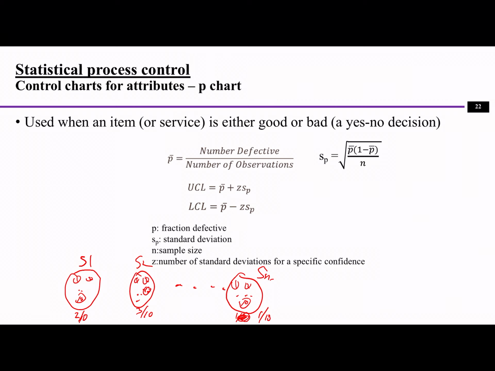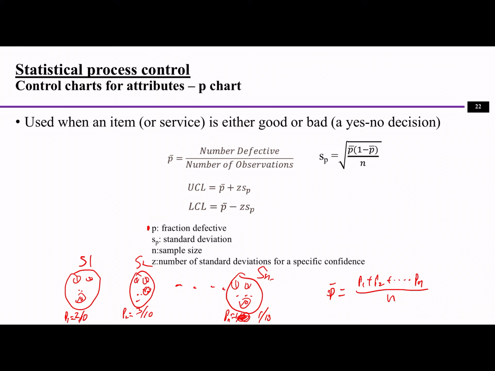So these are the values of P: P1, P2, Pn. And P bar equals P1 plus P2 plus all the samples up to Pn, divided by n. So this is how we find the P bar value. P is a fraction defective: P1, P2, Pn.